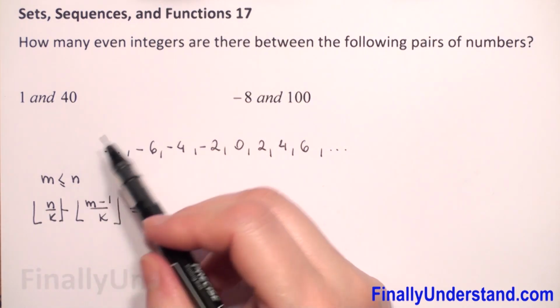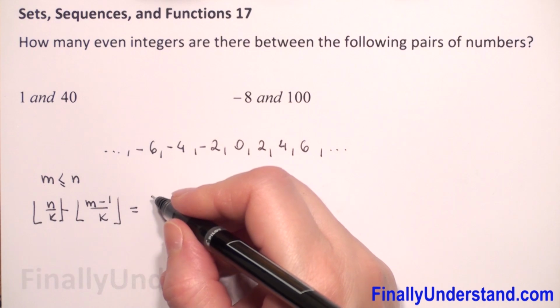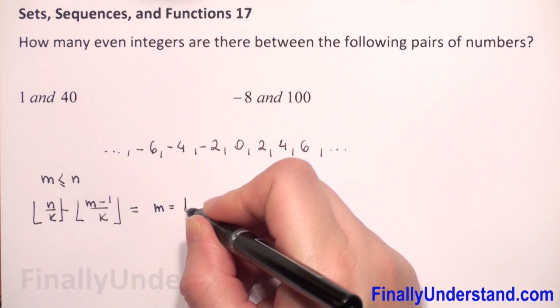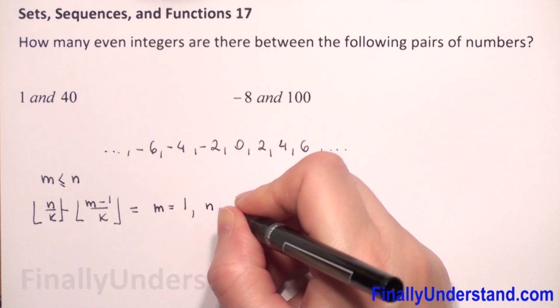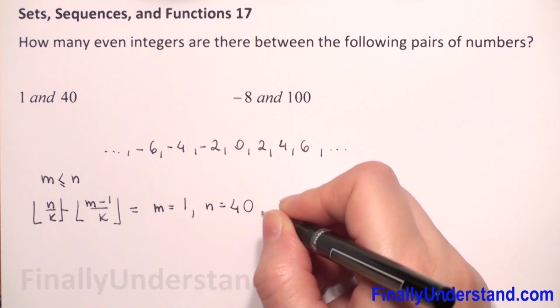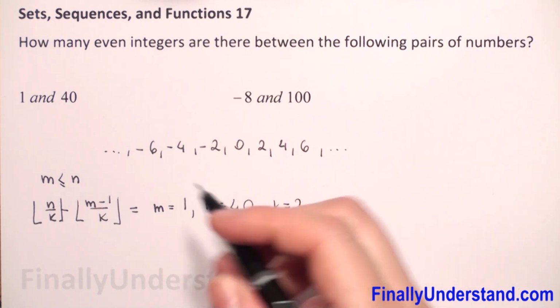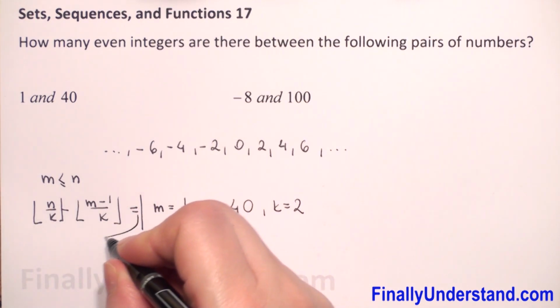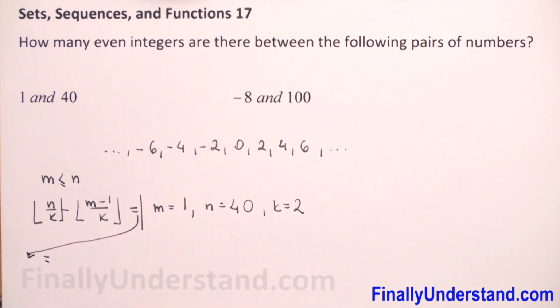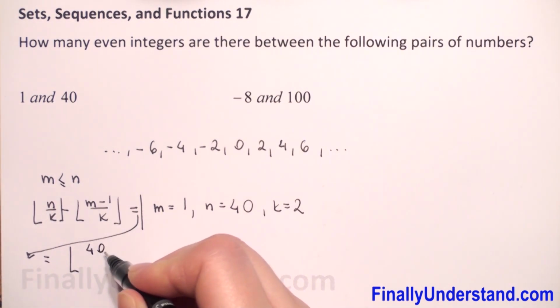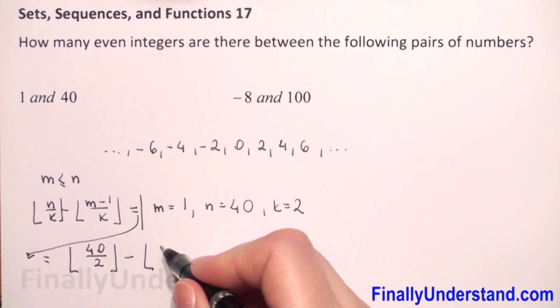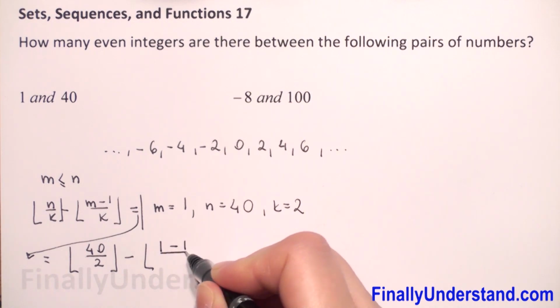In our first example, m is equal to 1, n is equal to 40, k is 2. So we have floor of 40 over 2 minus floor of 1 minus 1 over 2.